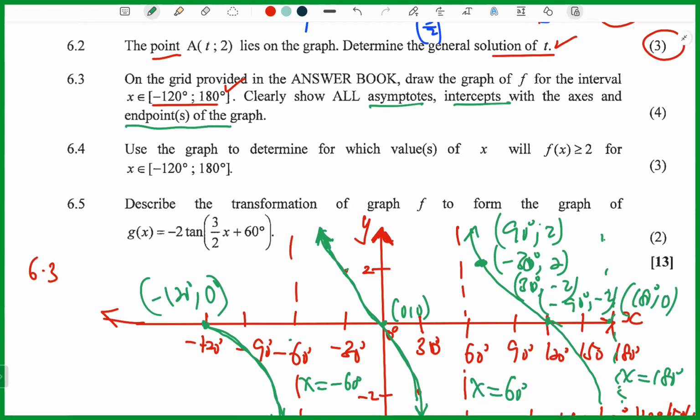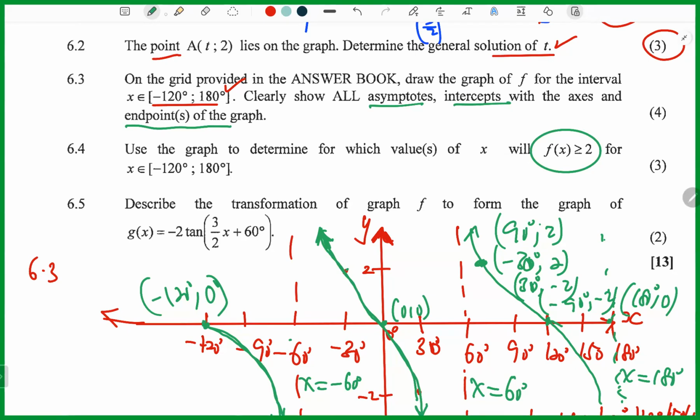Now use the graph to determine for which values of x will f of x be greater or equal to 2 for x between minus 120 and 180 degrees. Use the graph to determine for which values of x will the function f be greater or equal to 2, right?